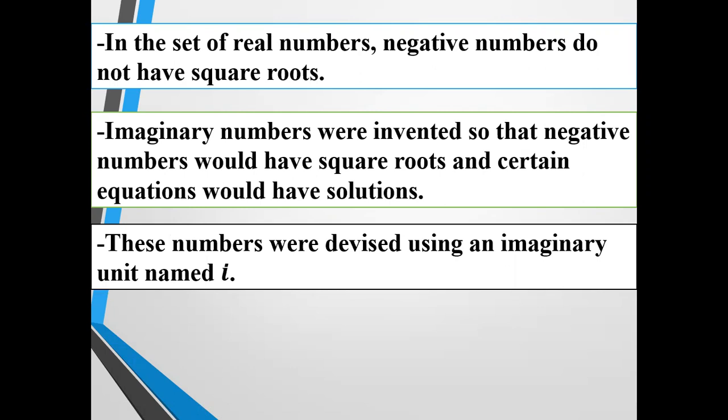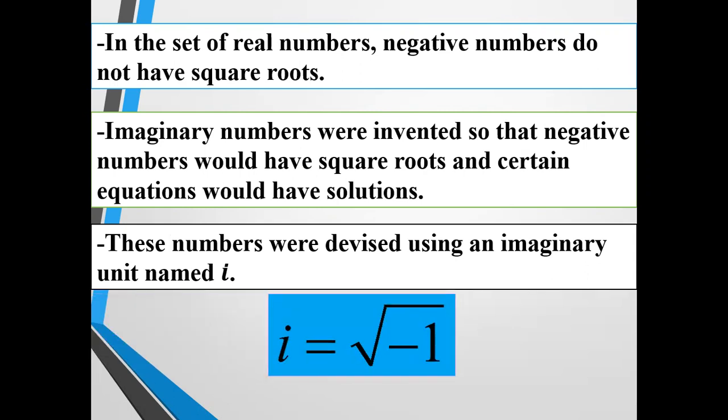When you see i standing beside a number, it means that number is an imaginary number. One of the rules is that i is equal to the square root of -1. Please take note of that.